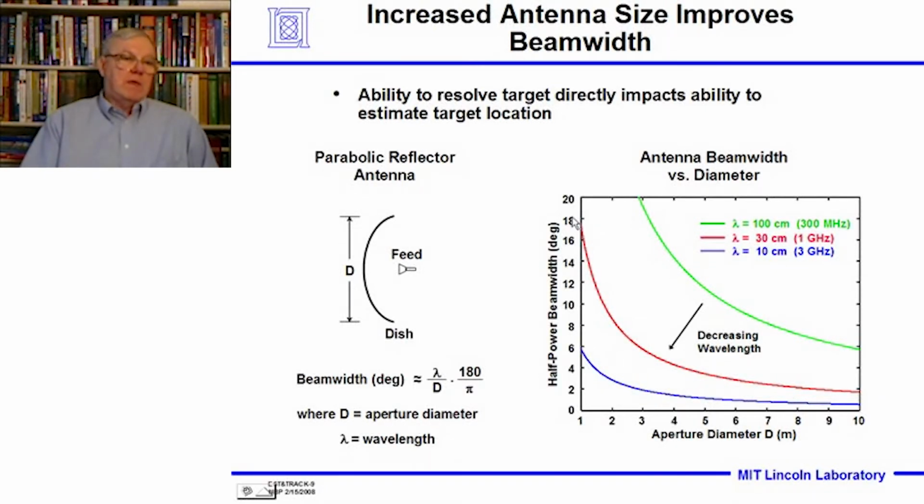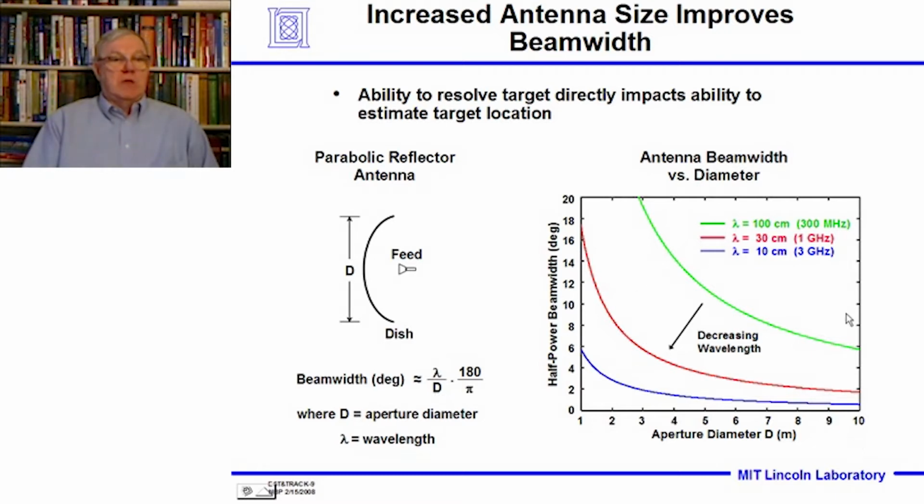If we plot the half power beam width as a function of the antenna diameter and increase the antenna aperture size, the beam width goes down. So we get better and better beam width if we either make the wavelength smaller or the aperture bigger.